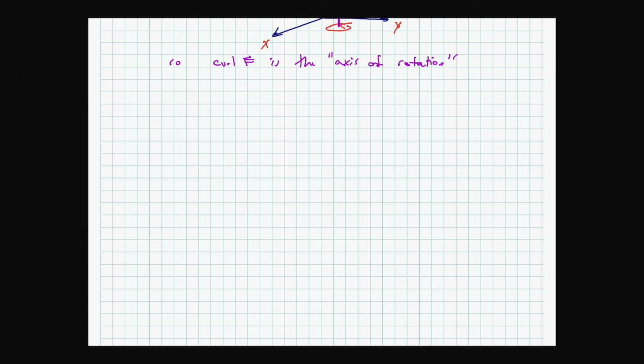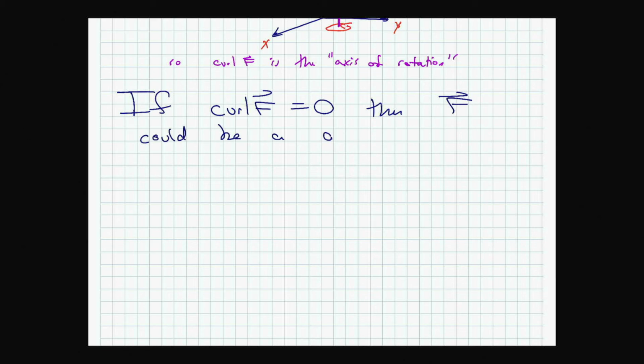So if curl F equals zero, then F could be a gravitational field. So if curl F is zero, it could be a gravitational field. If divergence F is zero, it could be a magnetic field. Okay.